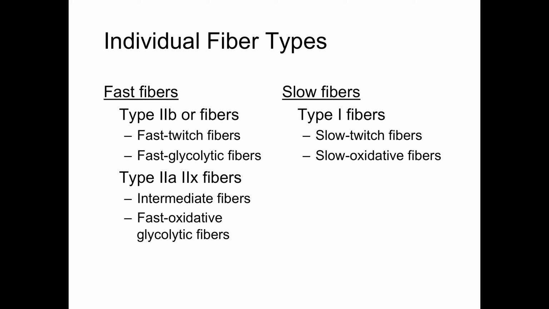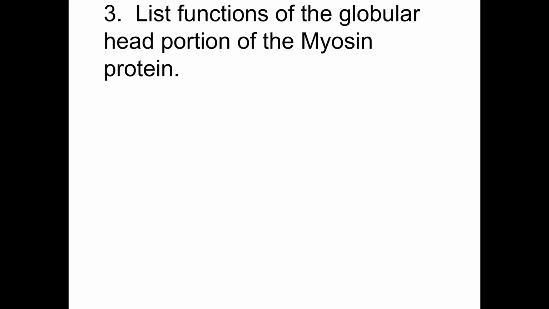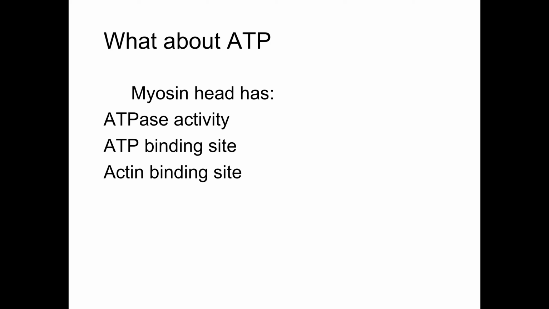Another possible final exam question that's also related to muscle contraction, and I believe I've mentioned this before, is to list the functions or jobs of the myosin head. A lot is going on at this myosin head. It has ATPase activity, where the myosin head is able to break apart ATP into ADP and phosphate, and that allows the actin and myosin to slide over top of each other.